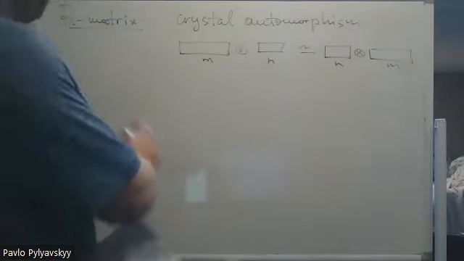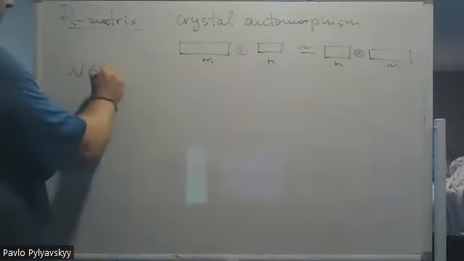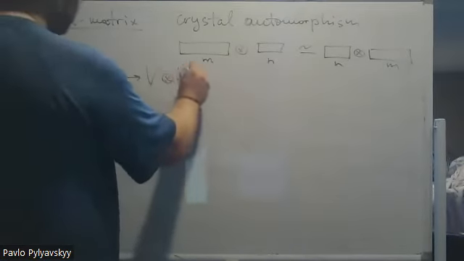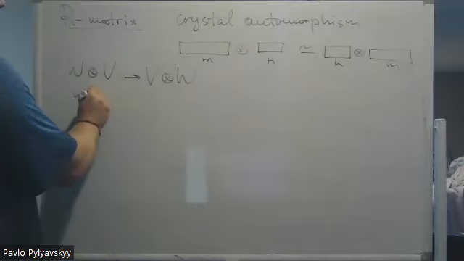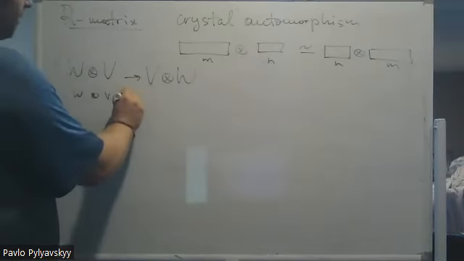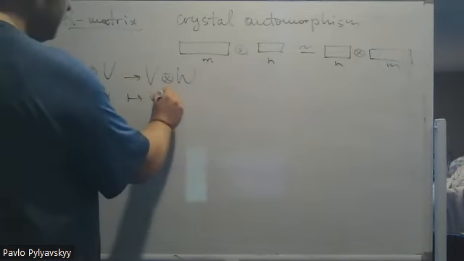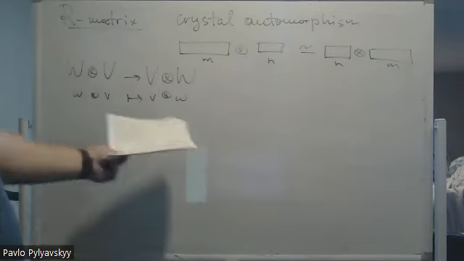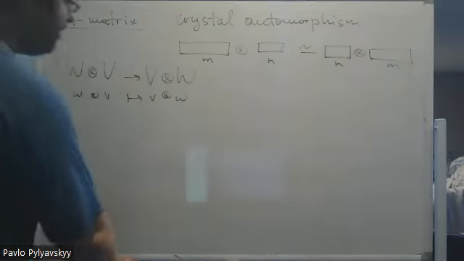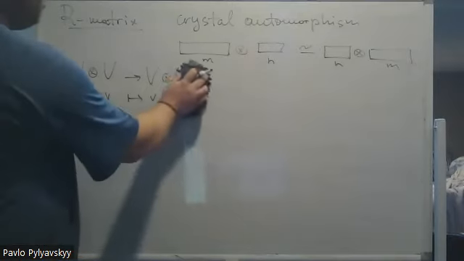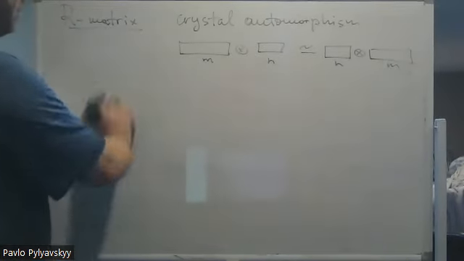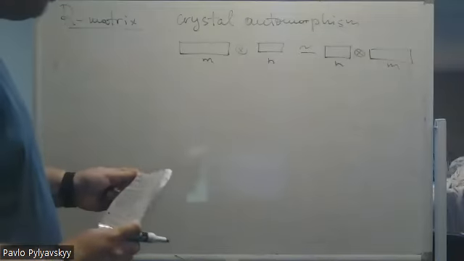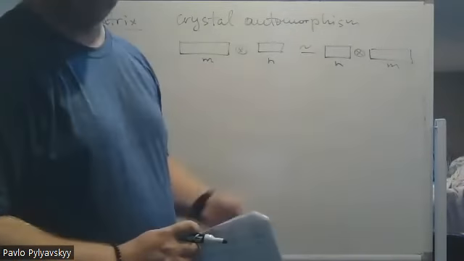If you have W tensor V, you can just map it into V tensor W, where little w tensor little v gets mapped into little v tensor little w, and this commutes with the action of the group. However, it turns out that if you model your representations by those crystals, then it's still true that those two are isomorphic, but it's not true anymore that you can just simply swap the order of factors.